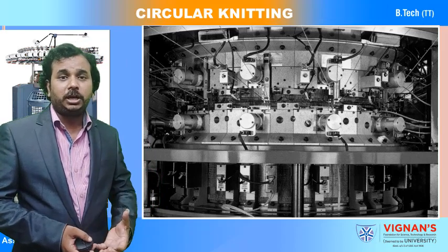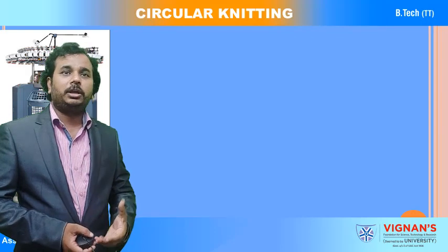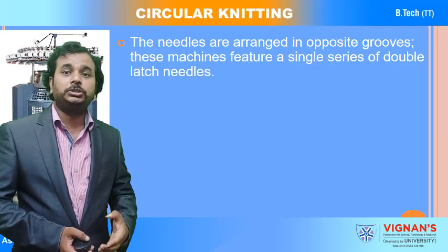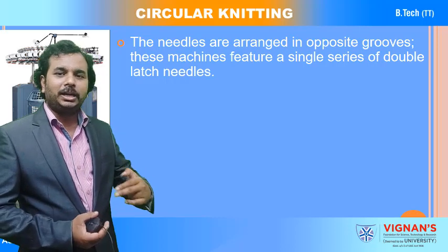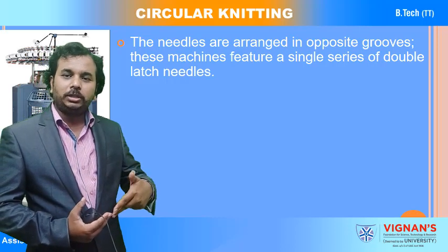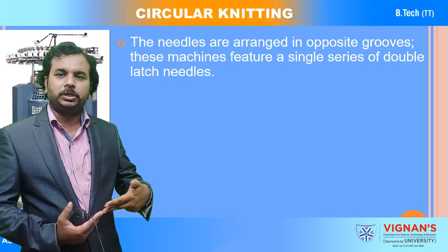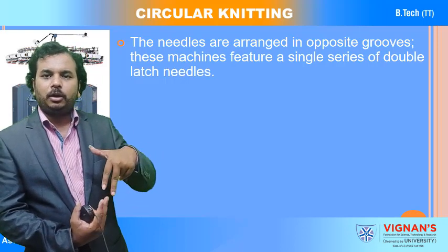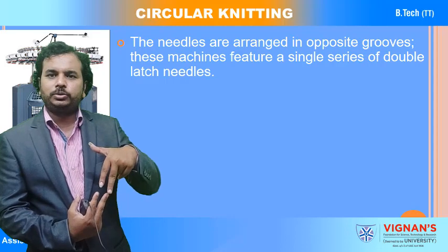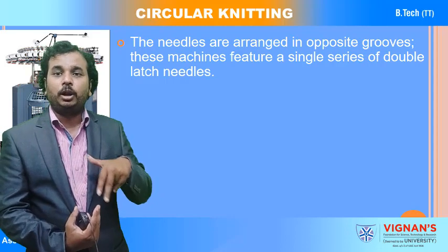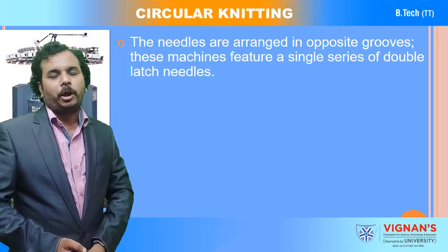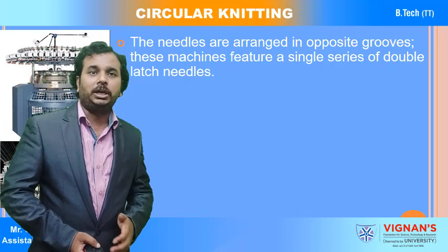You can observe that the needles are arranged in opposite grooves. Both cylinders have grooves in the same axis, so the needle operates between the opposite grooves of the two cylinders.